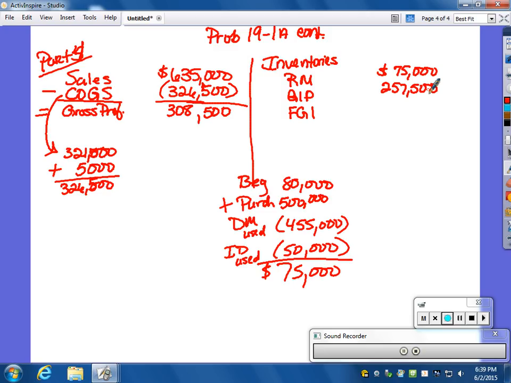What was the ending inventory? 407,000. So that means total inventories are going to be how much? 839,500.